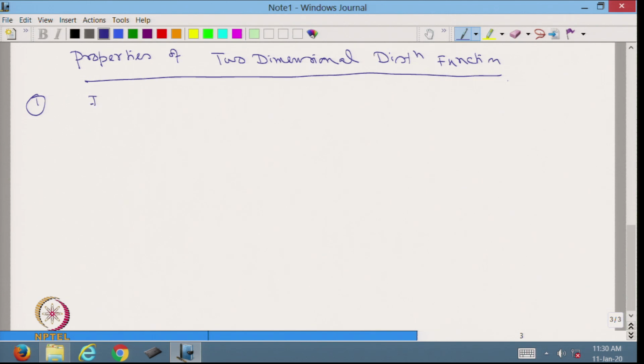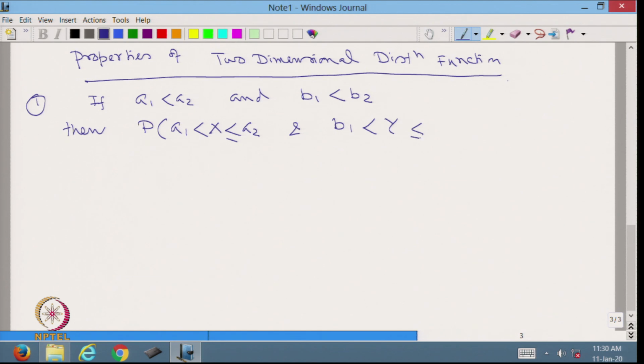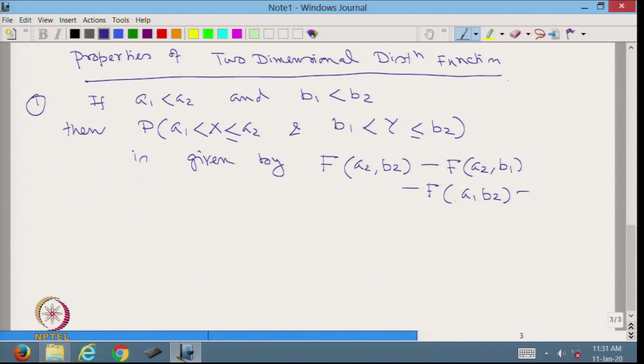One, if A1 less than A2 and B1 less than B2, then the probability that A1 less than x less than A2 and B1 less than y less than or equal to B2 is given by F at (A2, B2) minus F at (A2, B1) minus F at (A1, B2) plus F at (A1, B1).